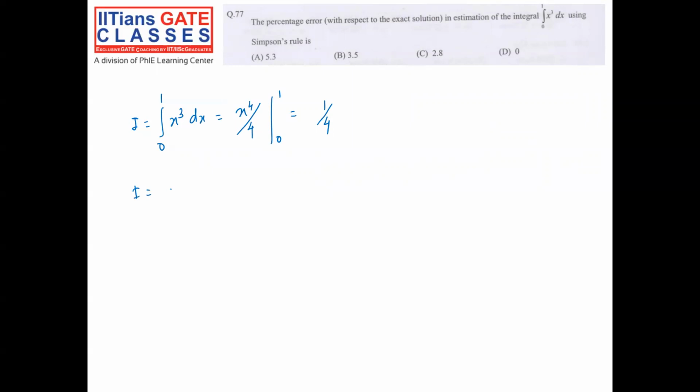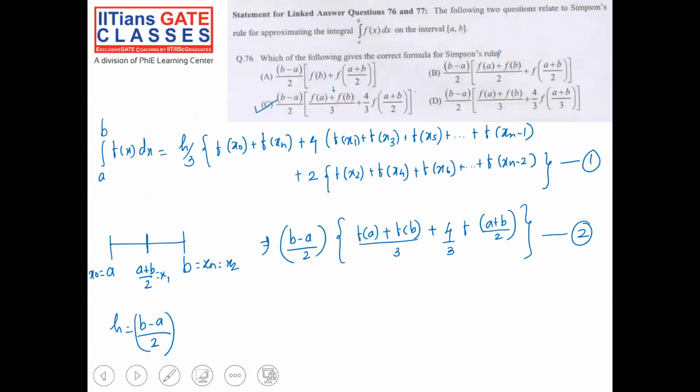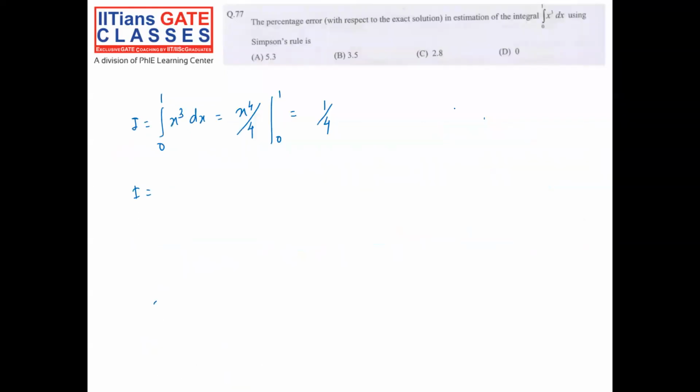It will look like b minus a by 2. Here b is 1, a is 0. So b minus a by 2 is 1 by 2 times f of a plus f of b divided by 3. Sorry, f of a is 0, f of b is 1.